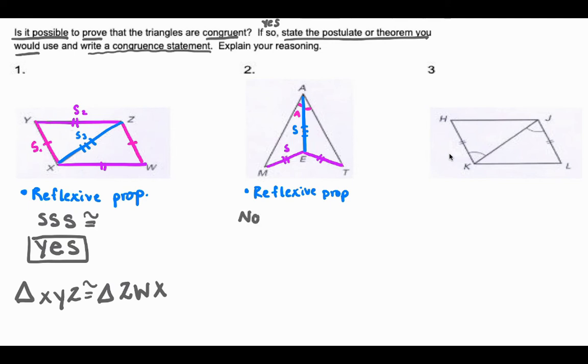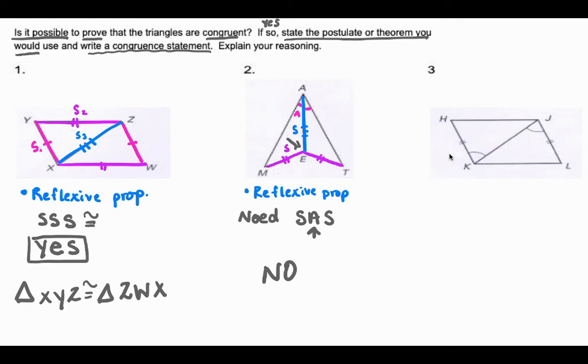So I need side, angle, side. My angle has to be between them, since I would need the angle between my sides, not the angle that is only connected to one of them.